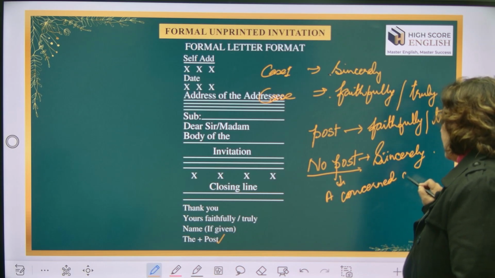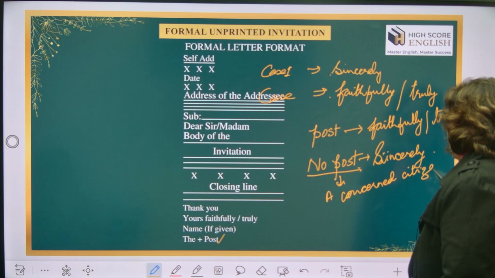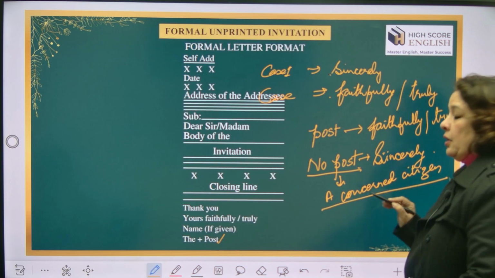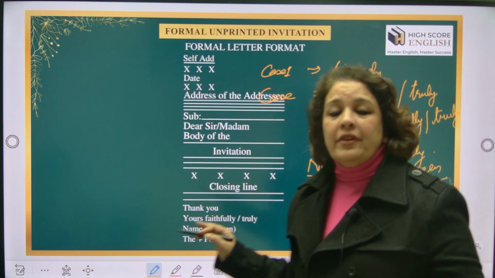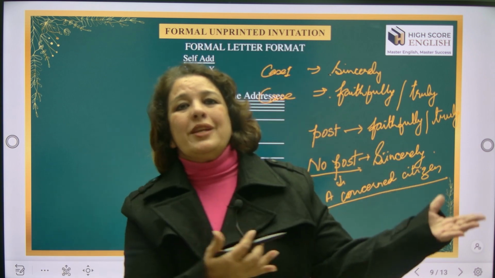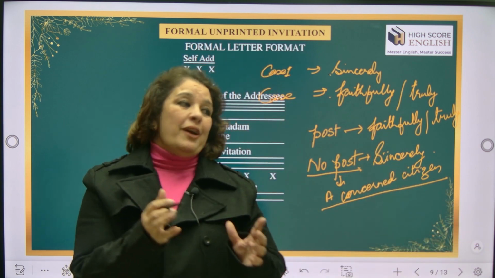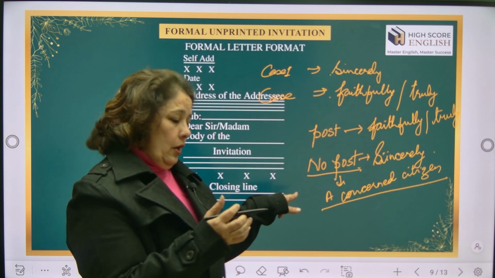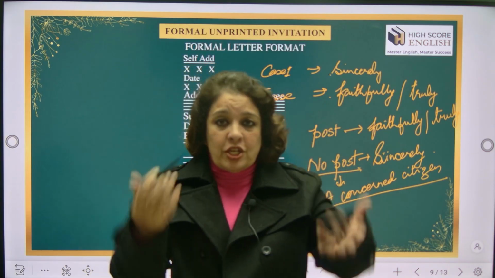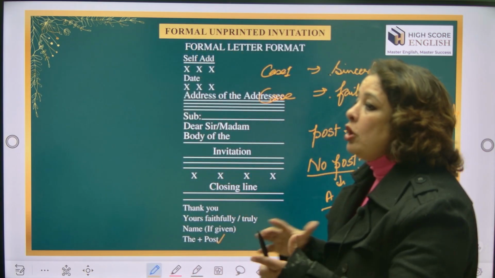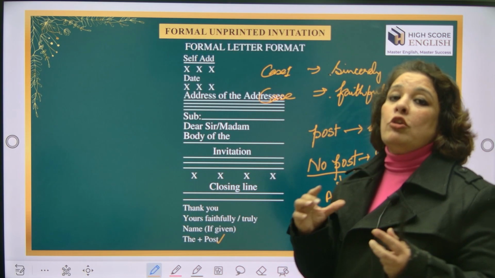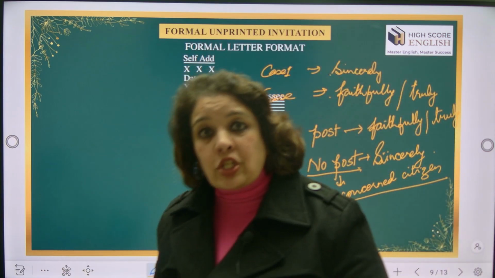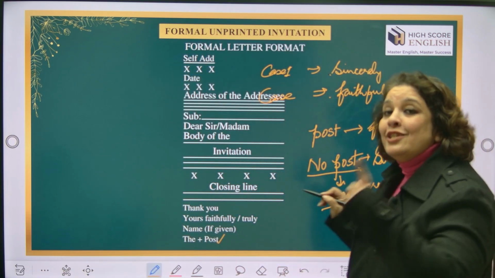You are writing as a concerned citizen, and when you are a concerned citizen, you are not holding any office. Maybe you must be working somewhere, no doubt, but while writing the letter to the editor, or while mentioning your problem, you are not mentioning on behalf of your office, you are not mentioning on behalf of your post, you are mentioning only as an individual.